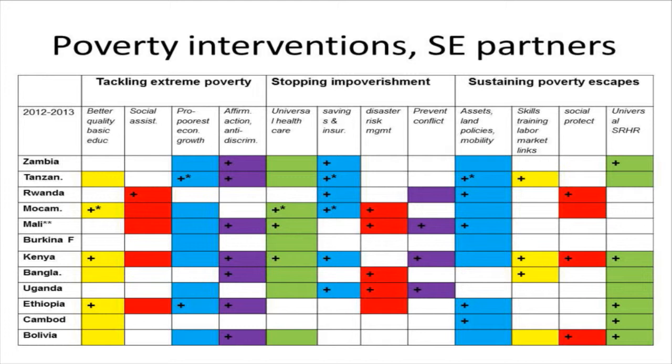There are asterisks on some of them because these are part of general budget support, which is given to 2 countries, Tanzania and Mozambique.